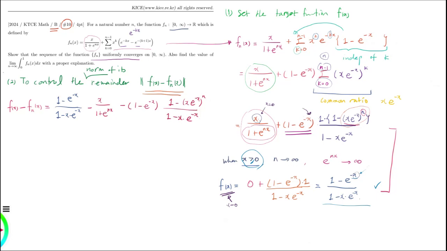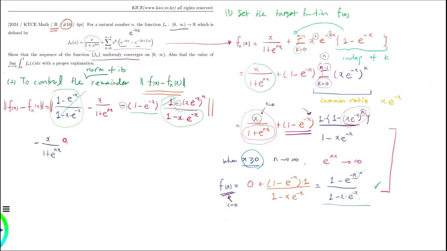Okay, and as you can see here, this term and this term cancel out. Okay, so what's left is, so this term and this term cancel out. So what's left is minus x over 1 plus e to the nx power.